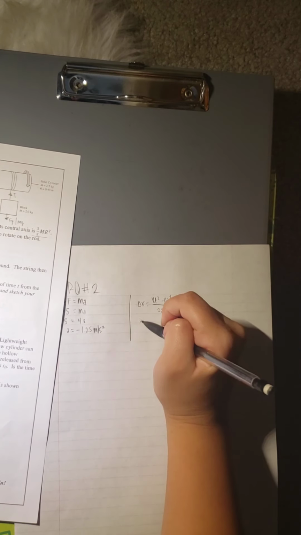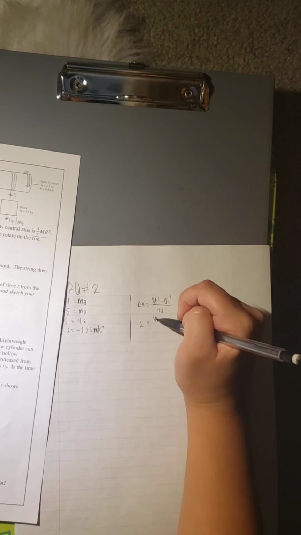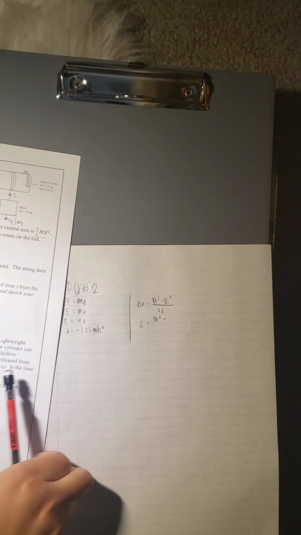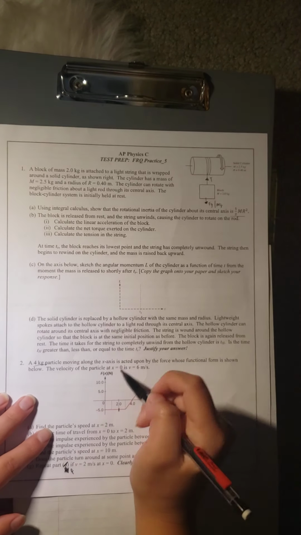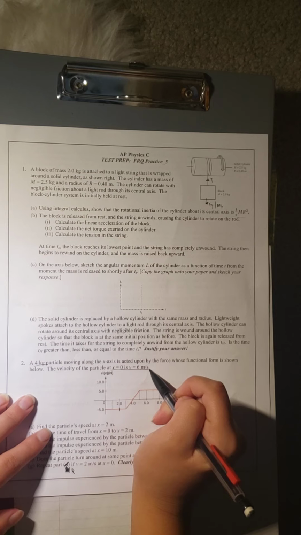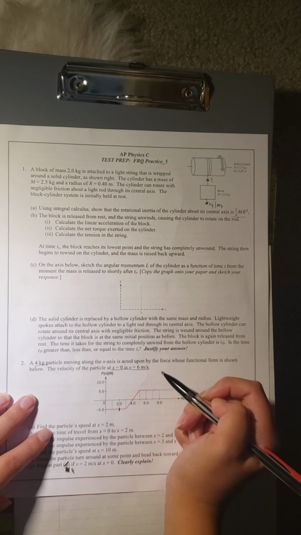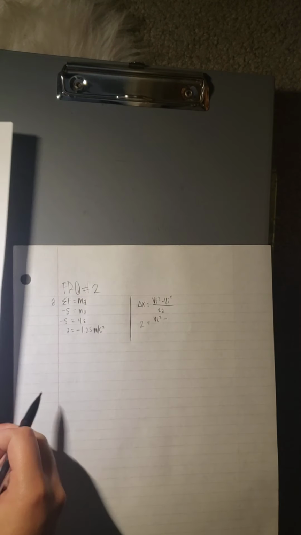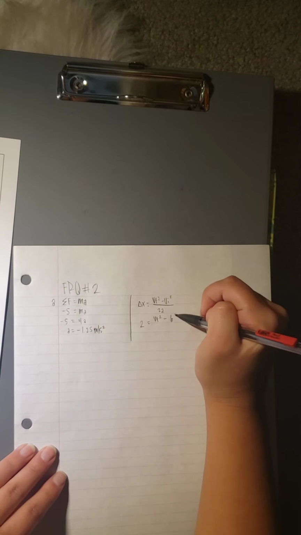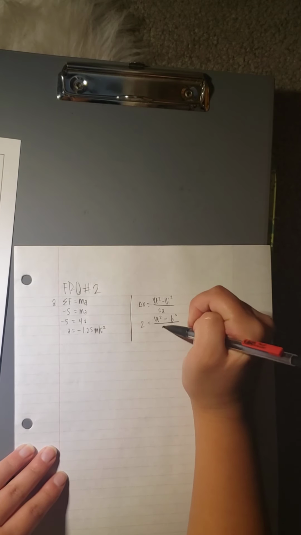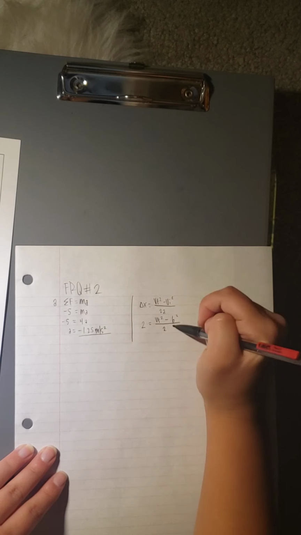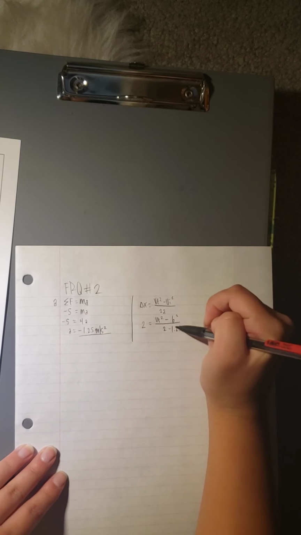We know delta x is 2. We are finding VF, and it tells us that it starts at 6 meters per second. So that means our VI is 6, and then 2, and we just found a.